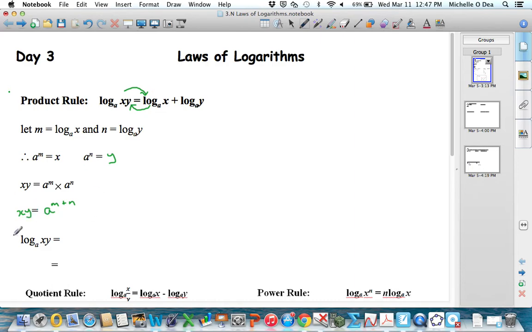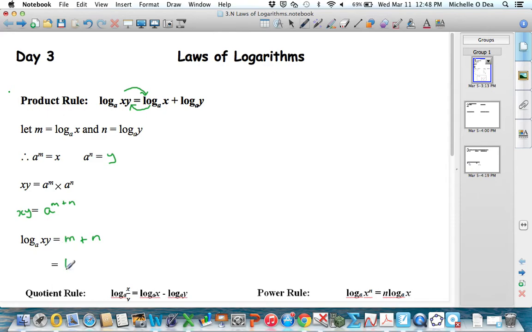Now if I use my log rule in reverse, this is an exponential, and I'm going to write it as a log. The base of the exponential is the base of the log, and we take the log of the answer, so log of xy. That's equal to the power, so that's going to be equal to m plus n. The last step in this proof is to replace. Remember, right in the beginning we said let m be equal to log x base a.